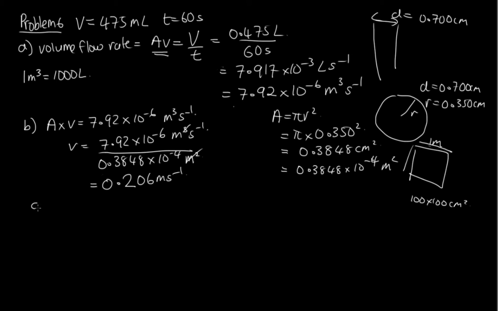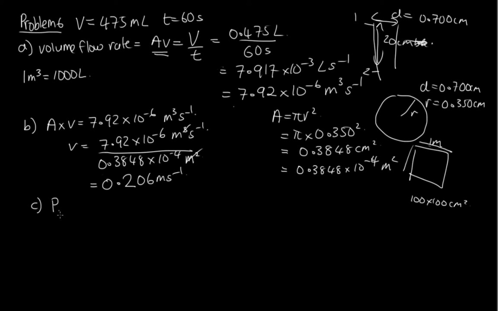Part C, we're asked, what is the velocity of the stream 20 centimeters below the tap? So to do this, let's call position 1 the top of the tap and position 2 20 centimeters below. Okay, so what we're going to need to use is Bernoulli's equation.